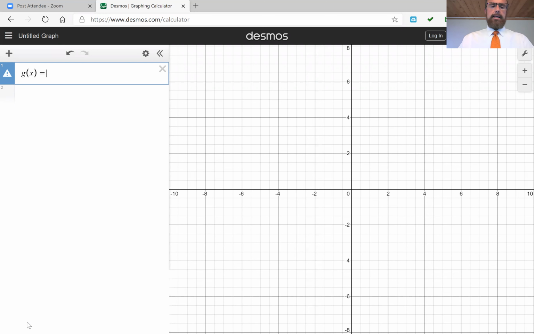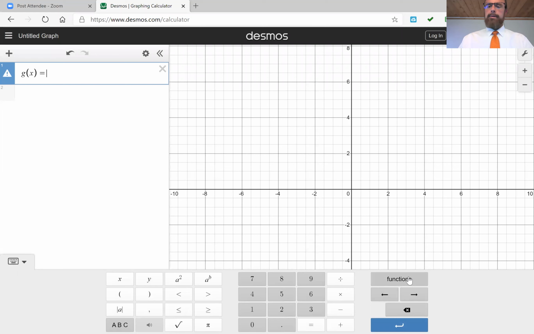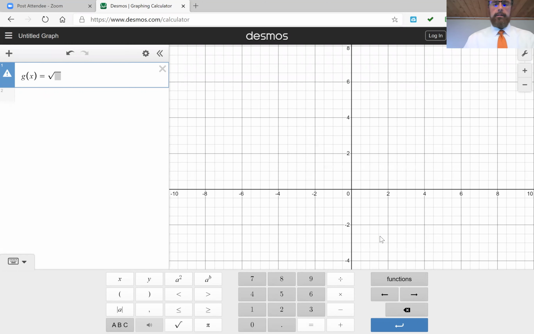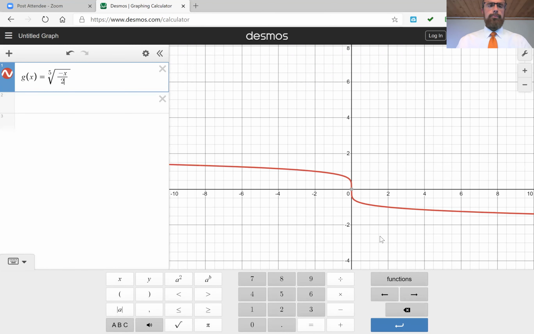So I'm going to grab the nth root function from the keypad, the functions menu, and then miscellaneous. The nth root is right there, 2 above sigma. Lets me type in my own index. That's a 5, fifth root. And then under the radical is the fraction negative x divided by 2.